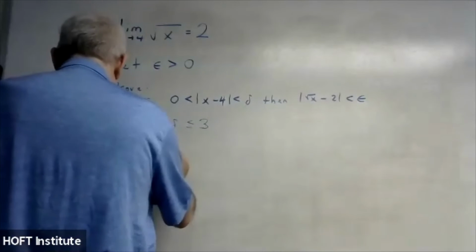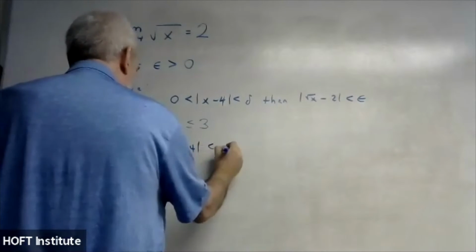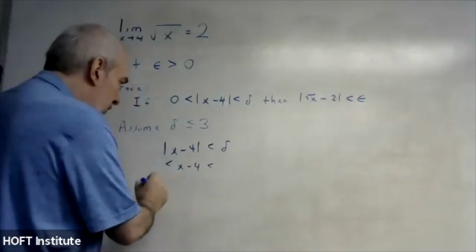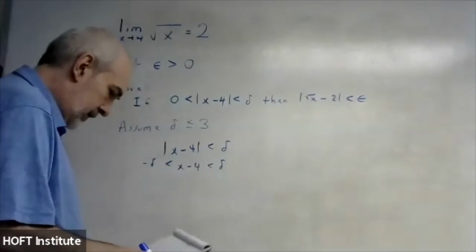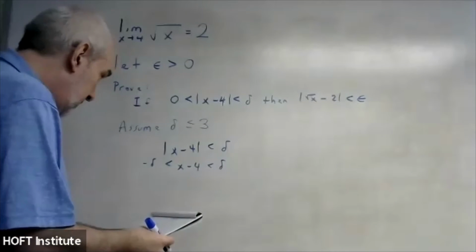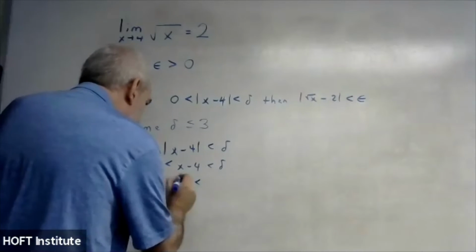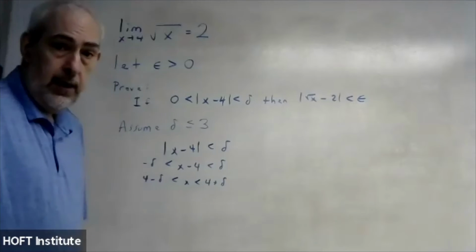If the absolute value of x minus 4 is less than delta, then that means that x minus 4 is between minus delta and plus delta, and therefore, x is between 4 minus delta and 4 plus delta.